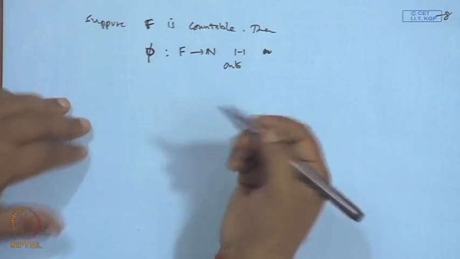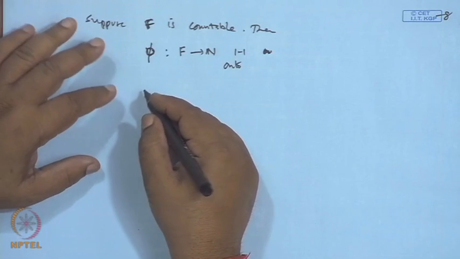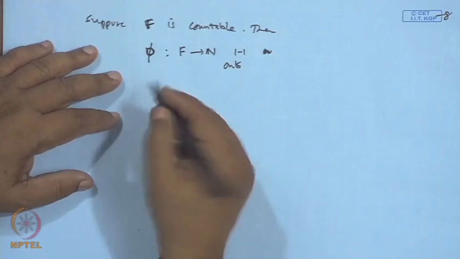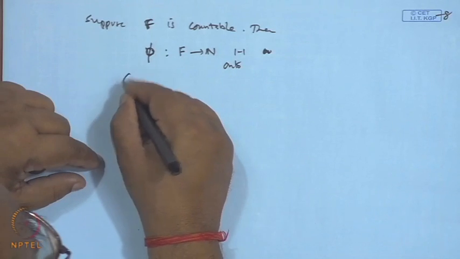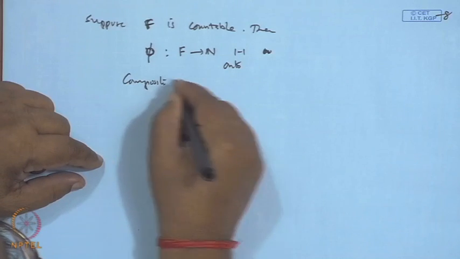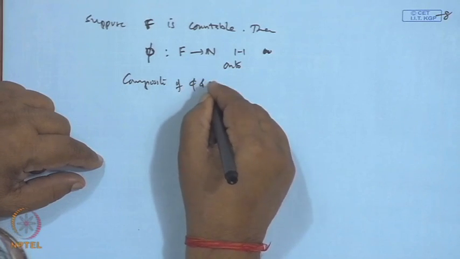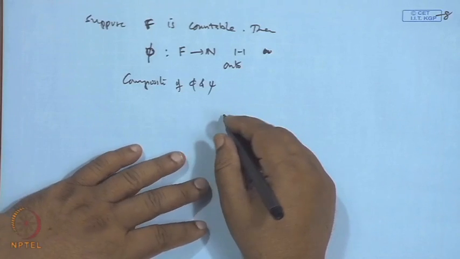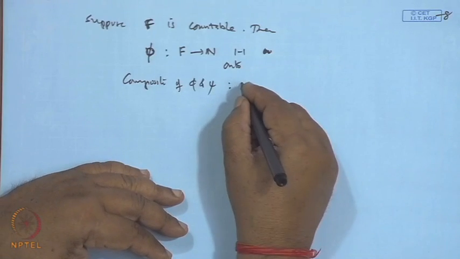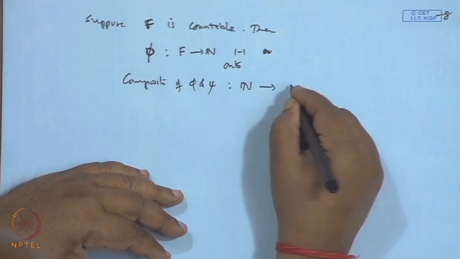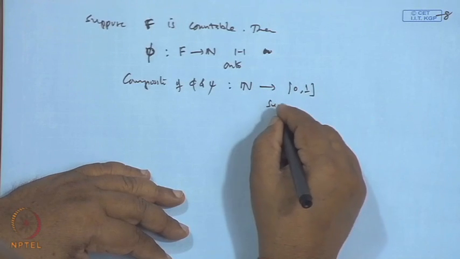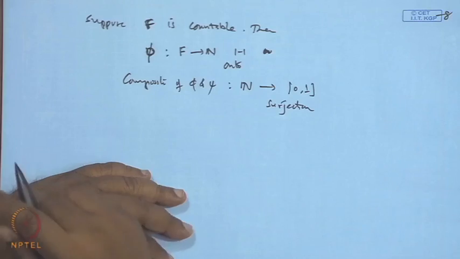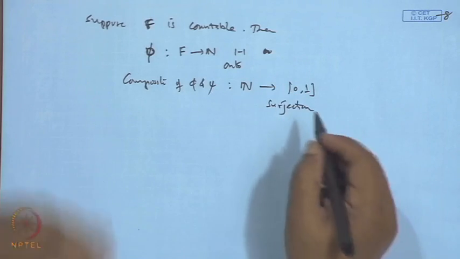So when we combine this, what we are getting is that the composition of phi and psi is a mapping which takes N to [0, 1] as a surjection, an onto mapping.